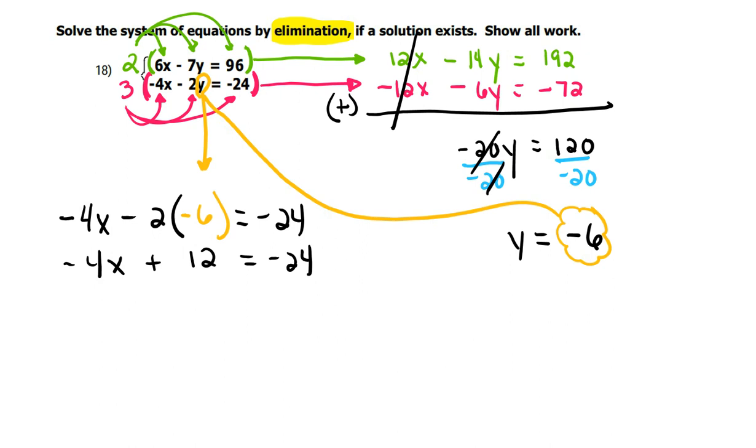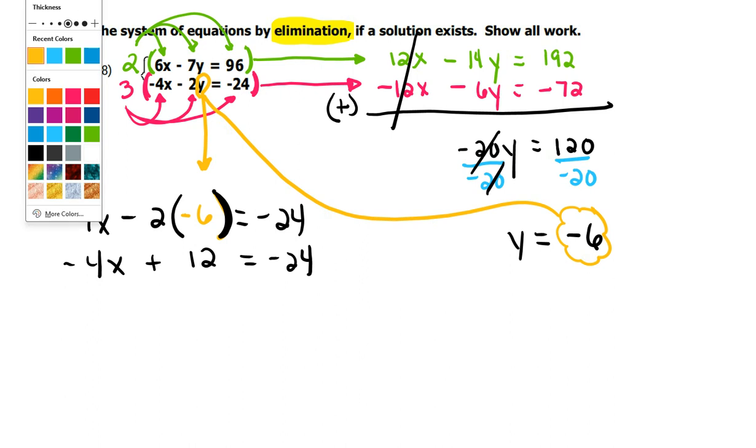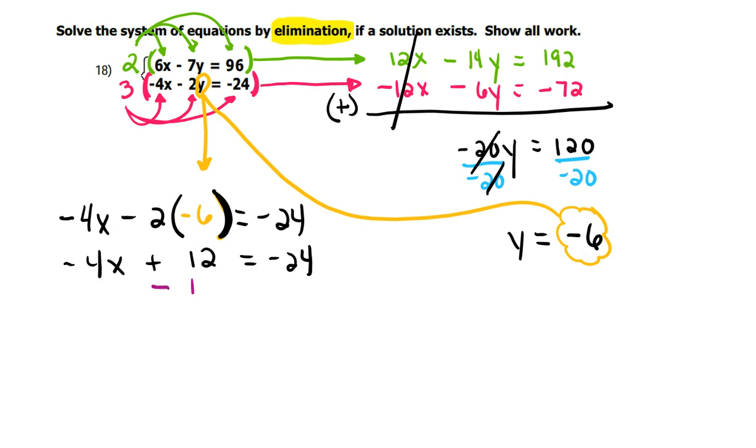And then I'll get another color. How about purple? I will subtract 12 on both sides so that those cancel. I get negative 4x is equal to negative 12 minus 12 more is negative 36.